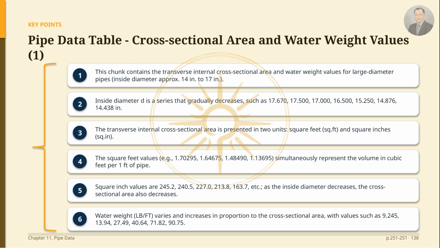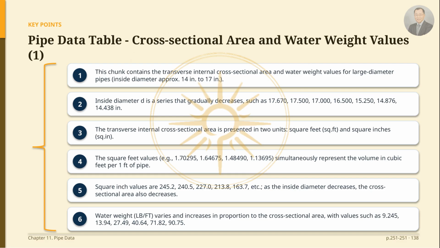This slide is a reference table summarizing the transverse internal area and water weight values for large diameter pipes ranging from 14 to 17 inches in inside diameter. It shows how the cross-sectional area and water weight fluctuate as the inside diameter, d, decreases from 17.670 to 14.438 inches.